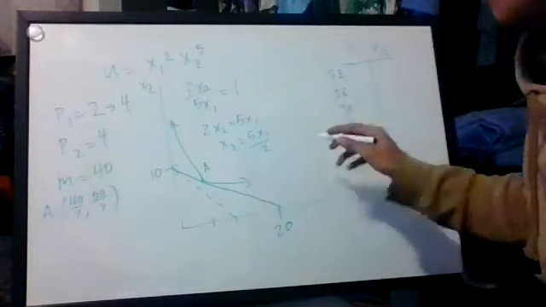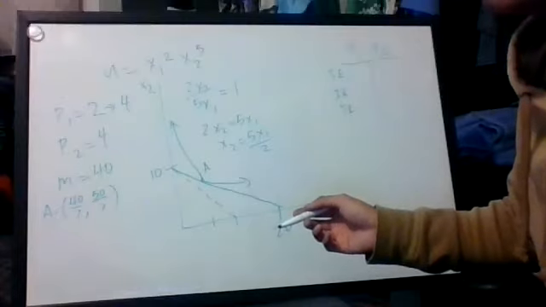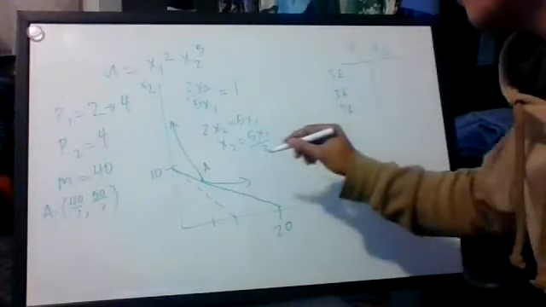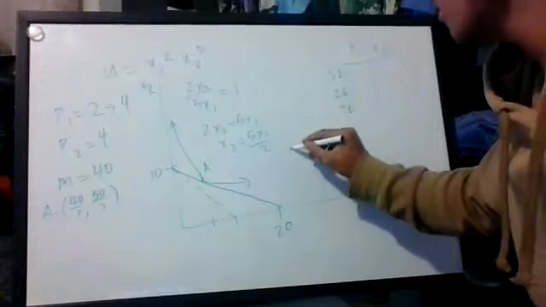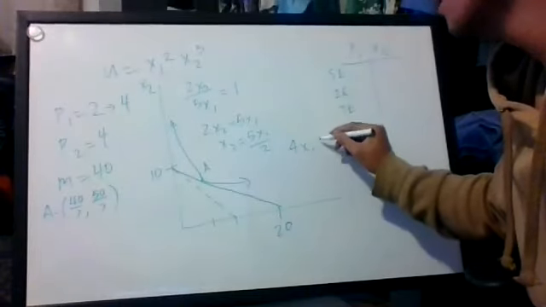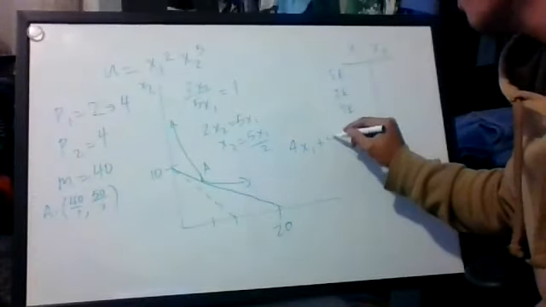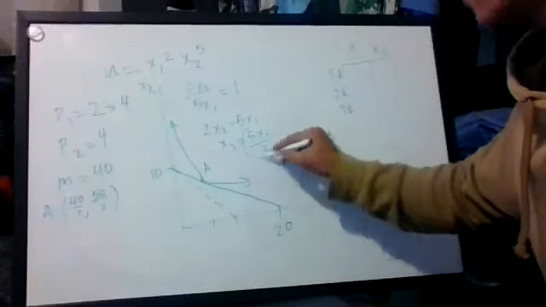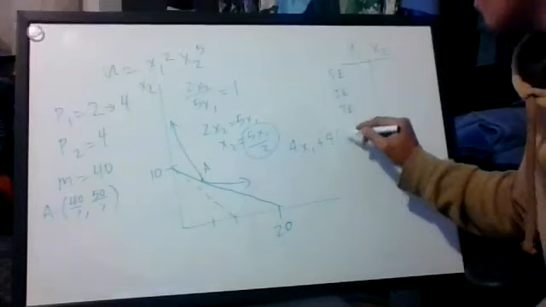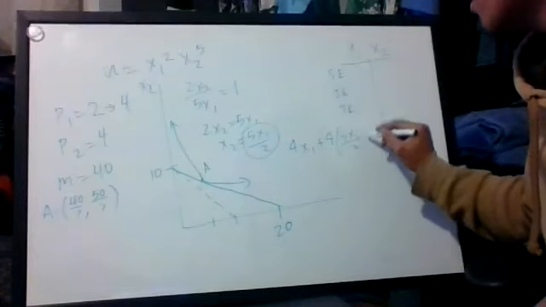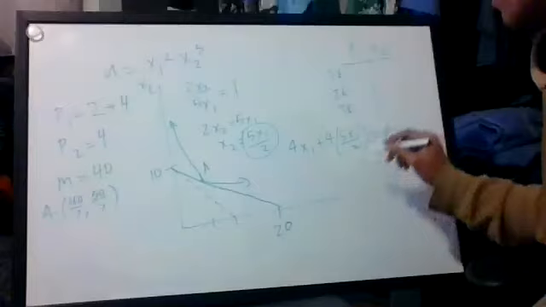Using the same budget constraint equation, I'm going to find that P1 is 4. So 4 times x1 plus 4, right? P2 is still 4, 4x2, and we have that x2 is equal to this. So 5x1 over 2 is equal to 40, right?